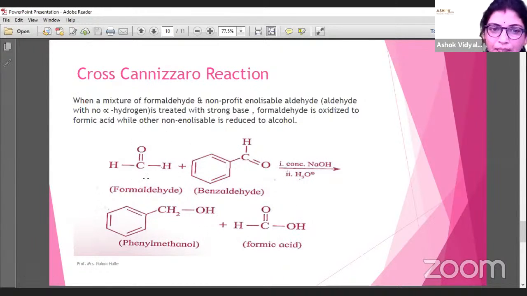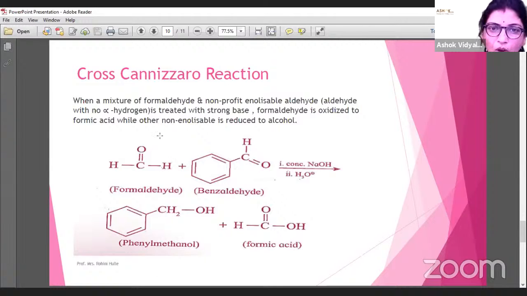To form, one aldehyde is oxidized to formic acid, and one aldehyde is reduced to phenylmethanol. This is known as the cross Cannizzaro reaction. Means there are two different aldehydes, formaldehyde and benzaldehyde, in the presence of concentrated NaOH, which is a base.